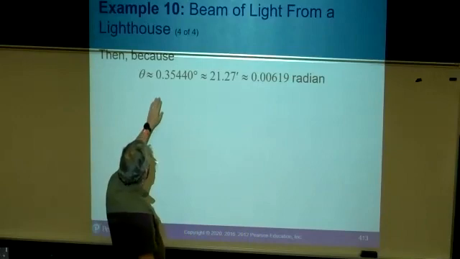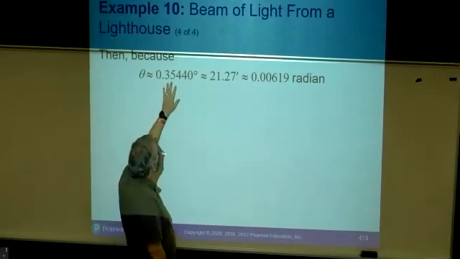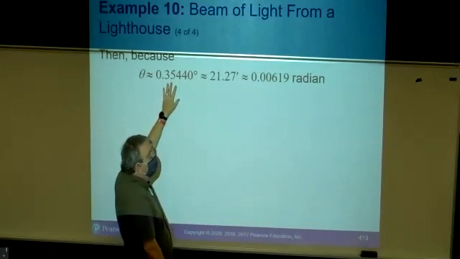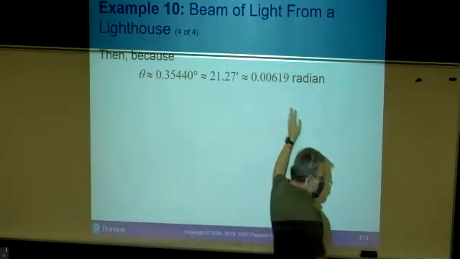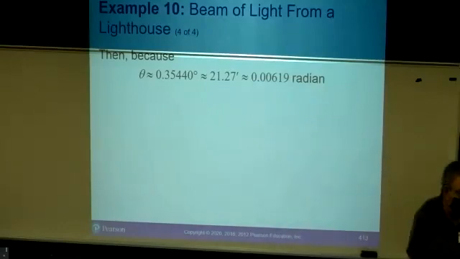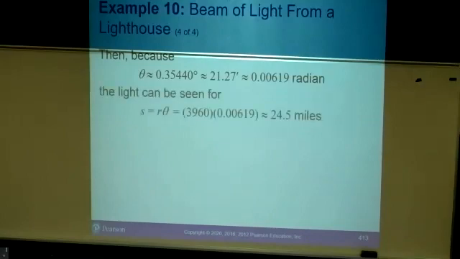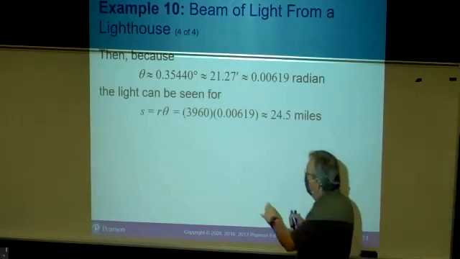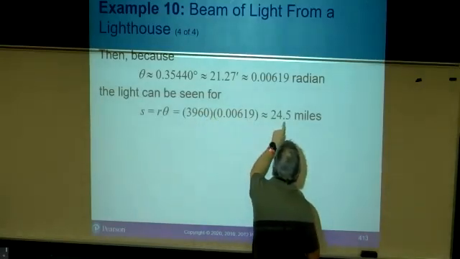The angle is approximately 0.35440. So you multiply that by pi over 180, and you type it into the calculator, and you'll get this many radians. And then the number of radians multiplied by the radius gives us 24.5 miles.